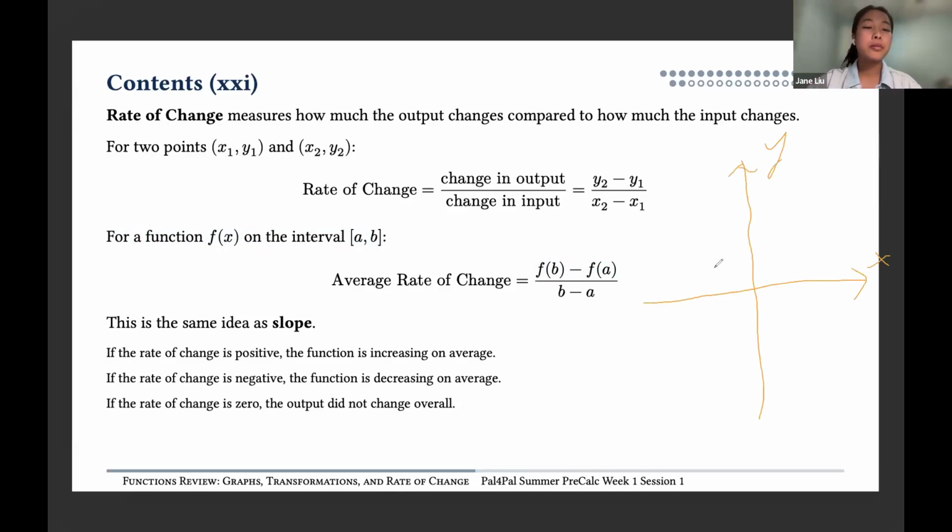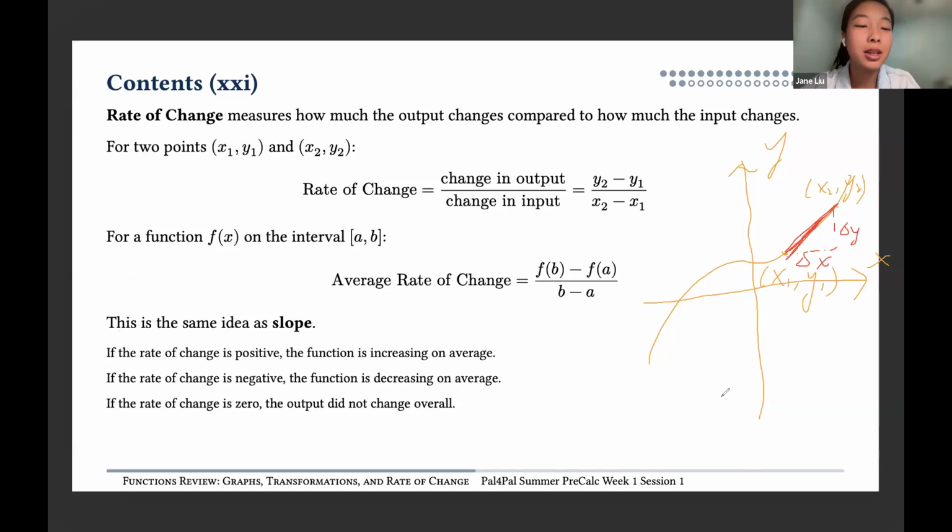So if we have a function f of x on the interval a to b inclusively, the average rate of change of the function would be f of b minus f of a divided by b minus a, or f of a minus f of b divided by a minus b. Both of them work. If the rate of change is positive, meaning a positive slope, the function is increasing on average, as shown in the graph.